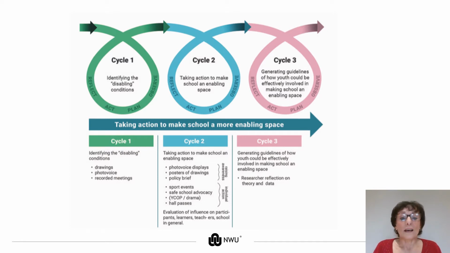If you look at the big green arrow there, that is indicating that from cycle 1, 2, and 3, it was progressively moving towards some kind of answer. So in her cycle 1, in action research, you always start off with: what is the situation like now? If you don't understand the situation now, how are you going to know what needs to change?